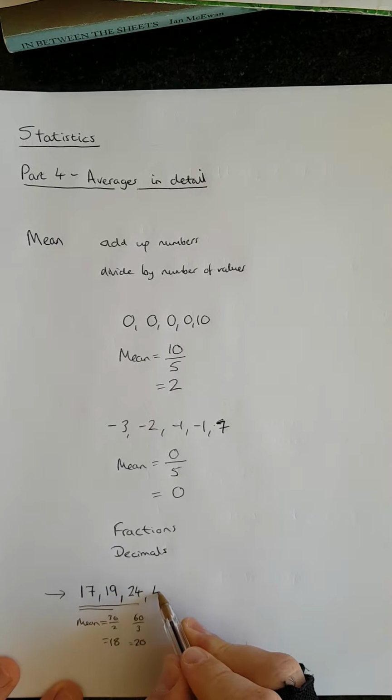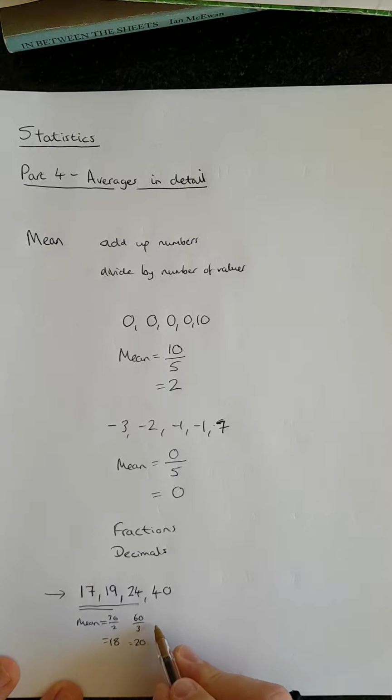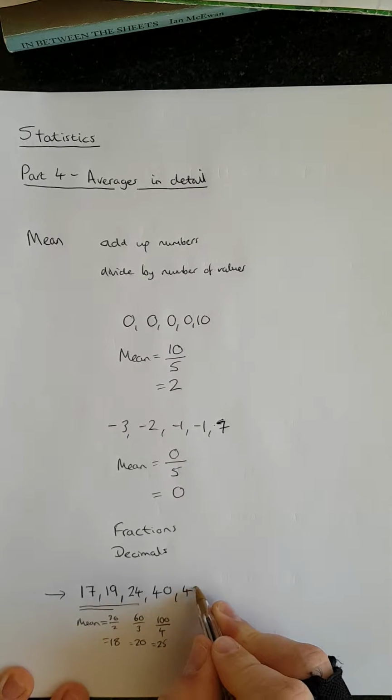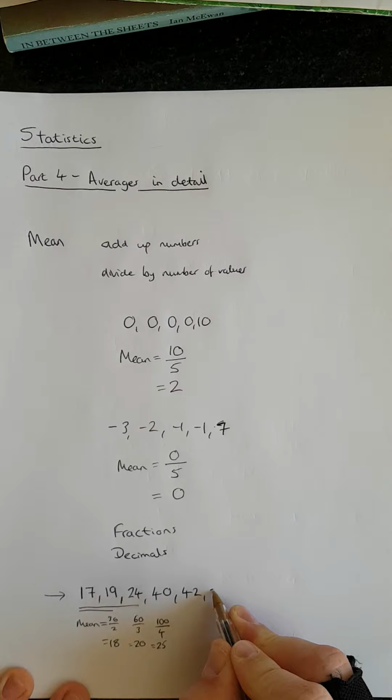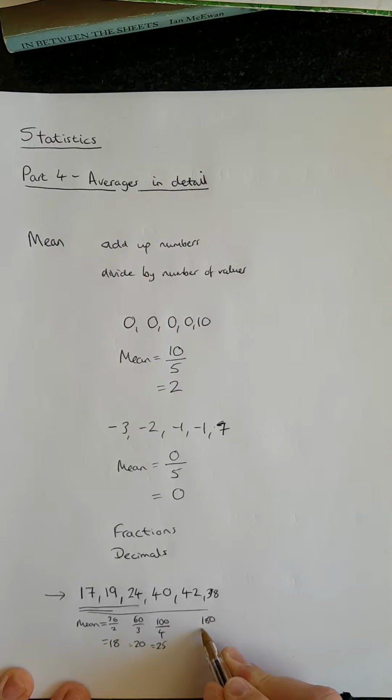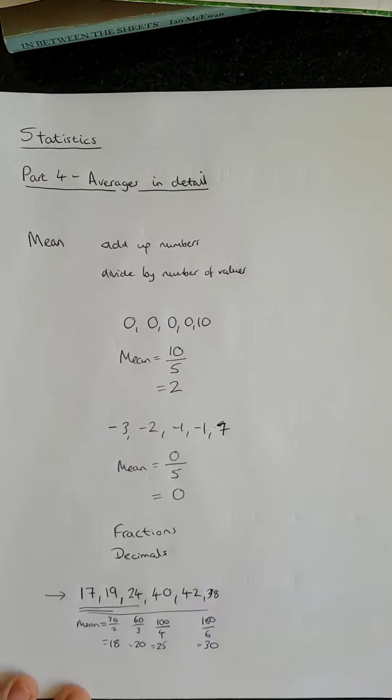The next test score is 40. So now it's 100 divided by 4, which is 25. The next test score is 42, followed by a test score of 38. So now it's 180 out of 6, so the mean is 30.